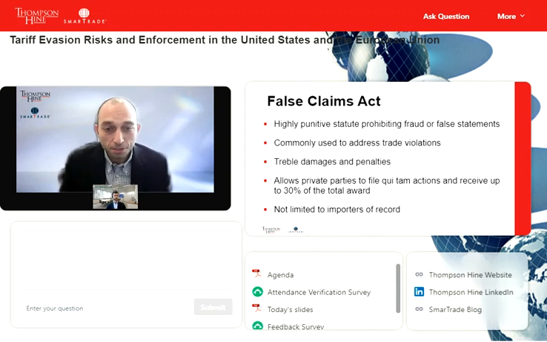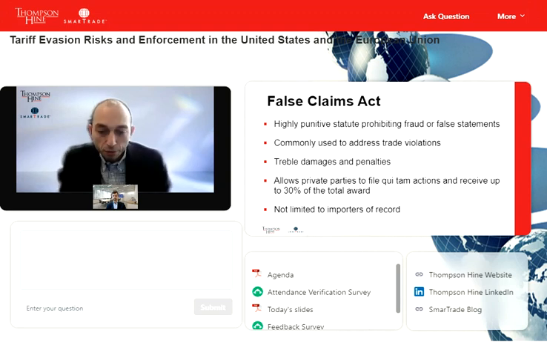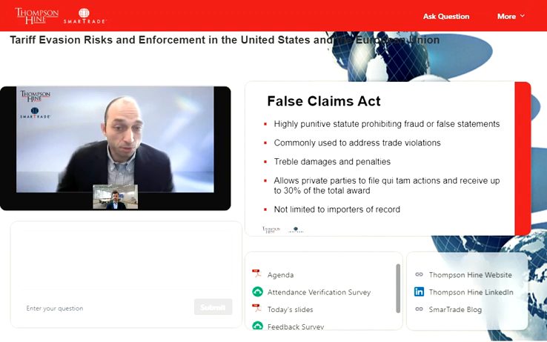But the DOJ is also increasing its resources to address trade violations using this legal basis. And one additional point that I think is important is that the potential liabilities in FCA cases are really not limited to importers of record, but foreign exporters or even the U.S. purchasers of the product could potentially be exposed to liability in certain cases.